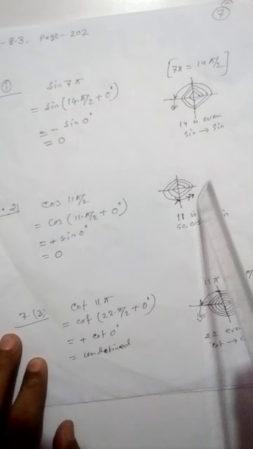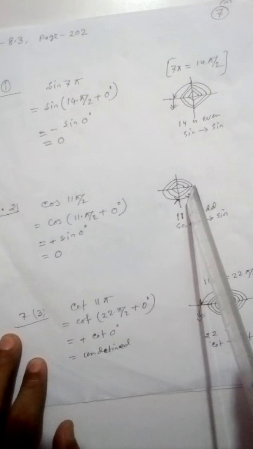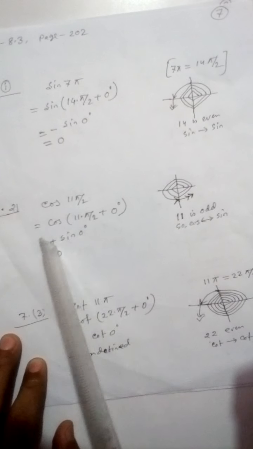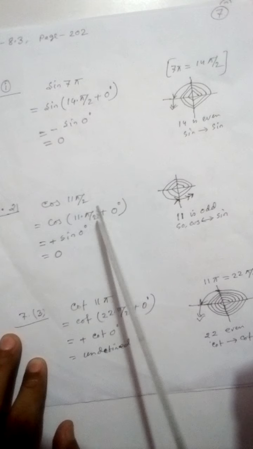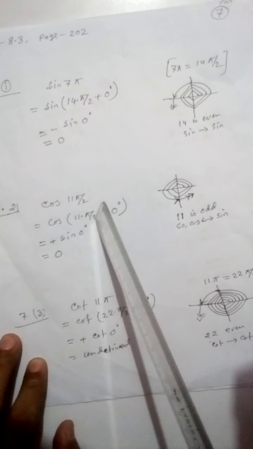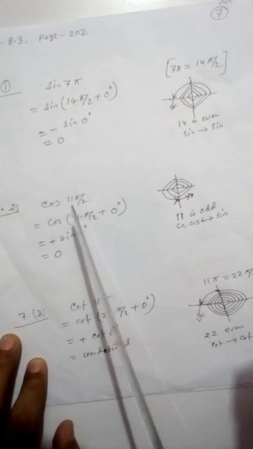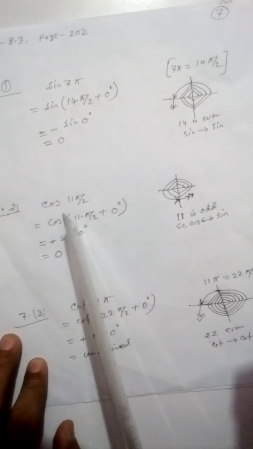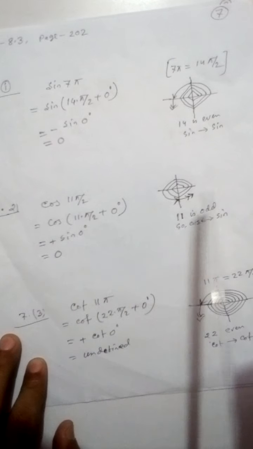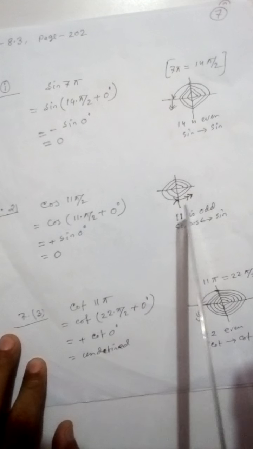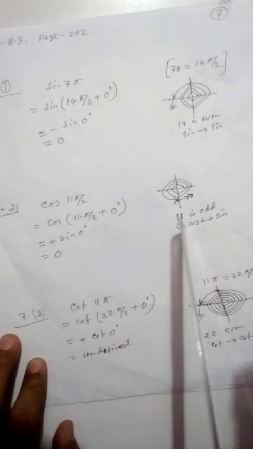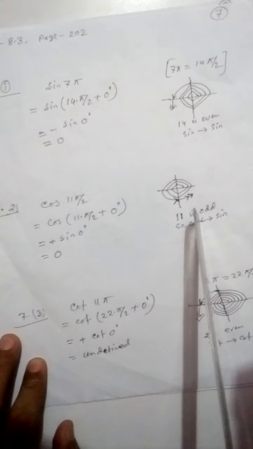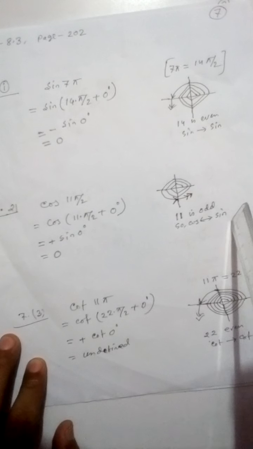We know in the fourth quadrant cos is always positive, so plus. Again, 11 pi by 2, the coefficient of pi by 2 is 11, so n equals 11, and 11 is an odd number. Since it is an odd number, cos changes to sin.